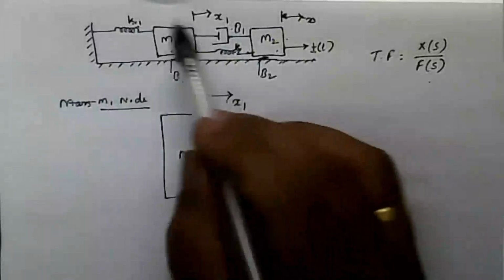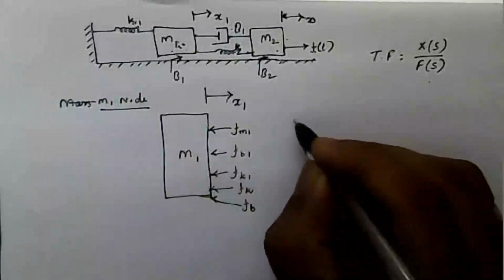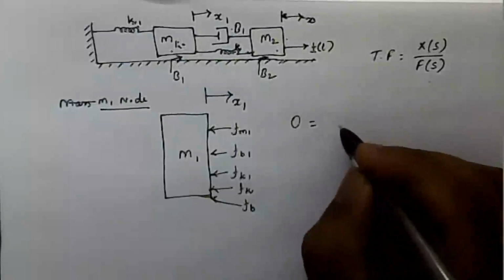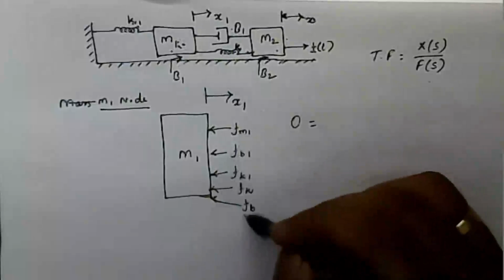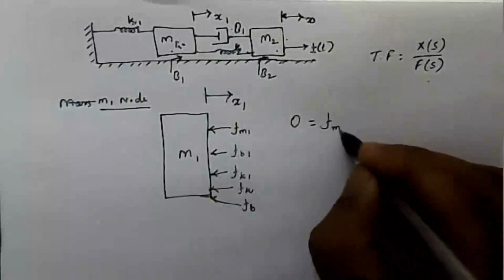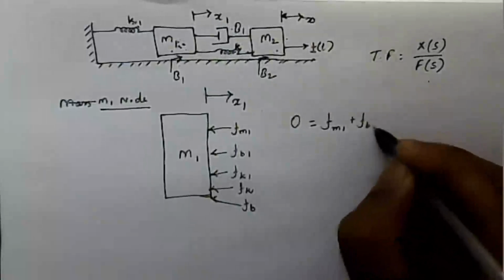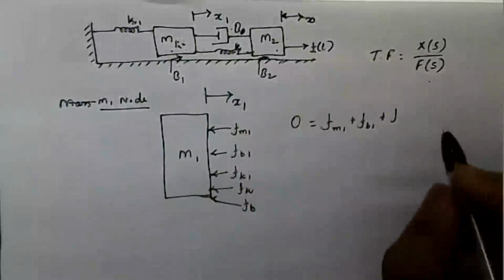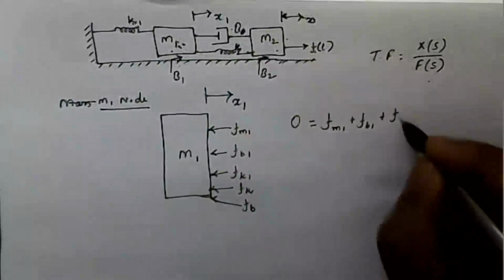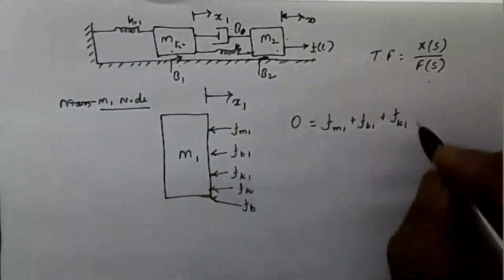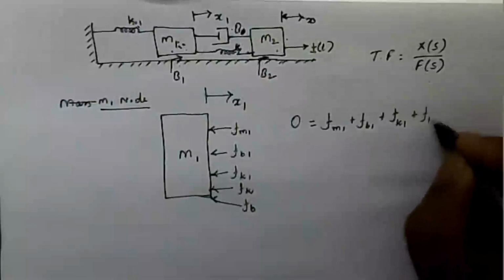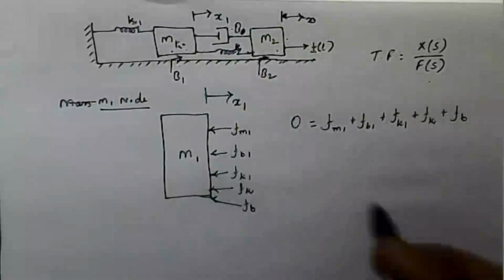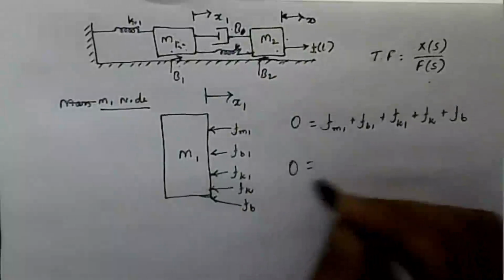Here, in this mass element, there is no applied force, so the applied force is 0. Zero is equal to the sum of the opposing forces: Fm1 plus Fb1 plus Fk1 plus Fk plus Fb.